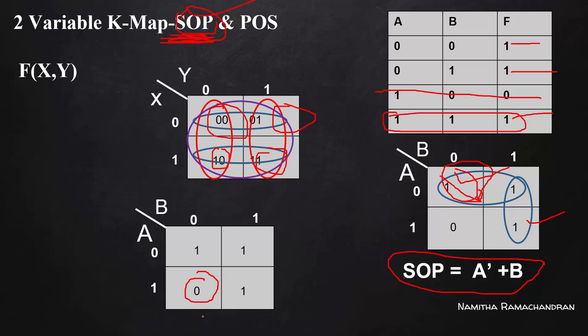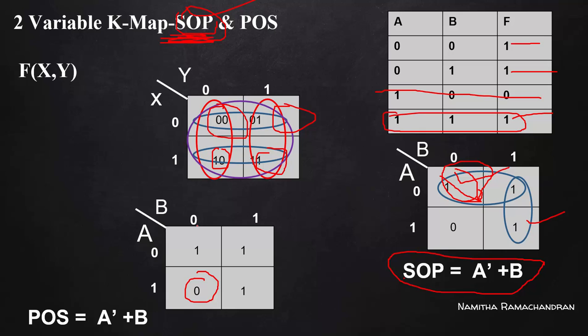So what is the representation? For the POS form, remember this point. For this cell, the A value is 1 and the column value, that is the B value, is 0. In the POS form representation, if the variable has value 1, then in that max term we need to write its complemented form.